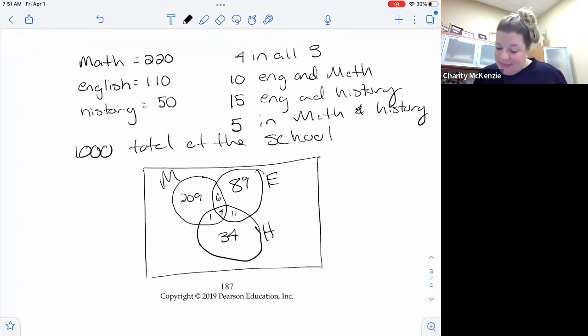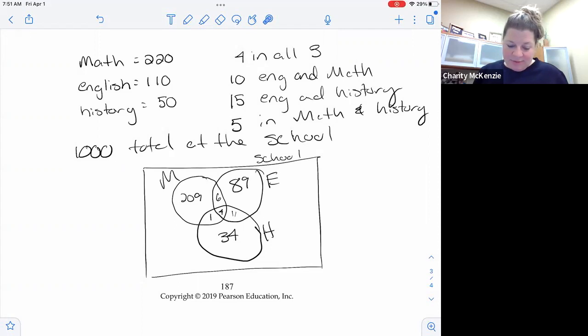Okay, then we know there's 1,000 total, so we have to come up with the number that's in the box. It's still at the school, right? This represents people at the whole school. So I'm going to take all of these numbers and subtract them from 1,000. Okay, so 209 plus 1 plus 4 plus 6 plus 89 plus 11 plus 34.